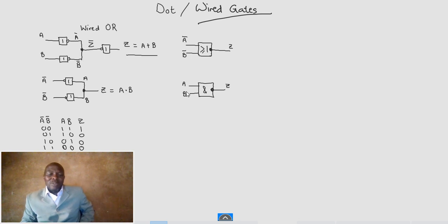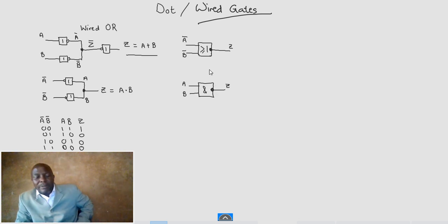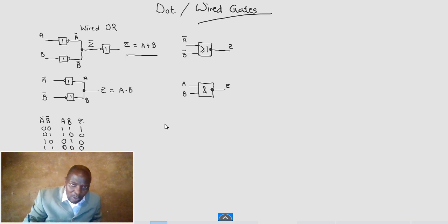The only difference there is what? Notice the inputs and notice the dotting. All right, that is the major difference there. I don't know whether that complicates matters. I want to believe that it's somewhat not that difficult.